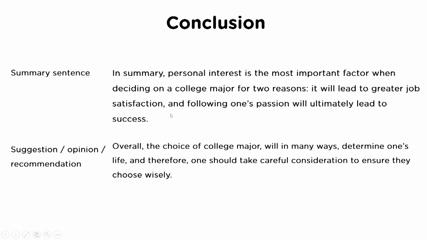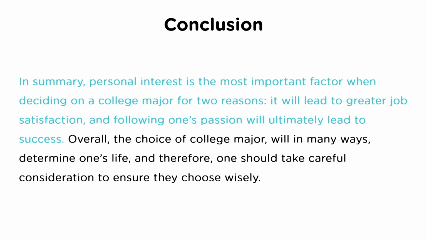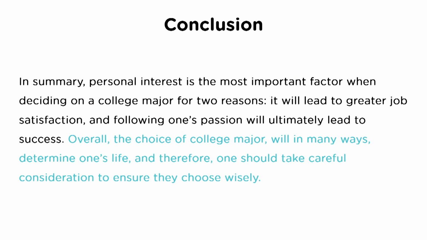And then I can end it by saying, overall, the choice of college major will in many ways determine one's life, and therefore one should take careful consideration to ensure they choose wisely. So I'm ending it with a little, I guess, a recommendation. And conclusion, just to recap, summary sentence and suggestion or recommendation.